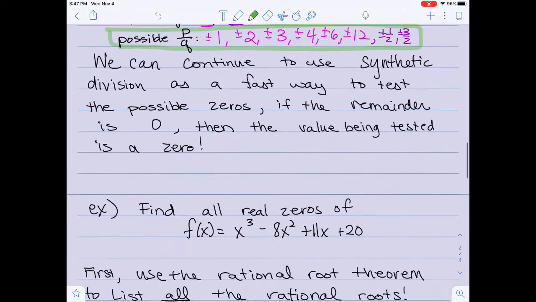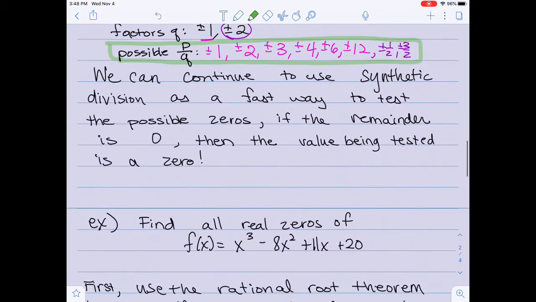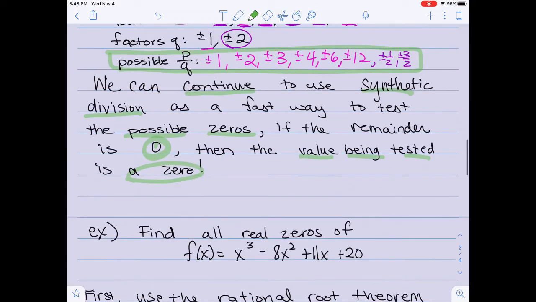Okay, so now once we've got our list, we can continue to use synthetic division like we've been learning as a fast and easy way to test the possible zeros. Remember, we're going to test these possible zeros to find real zeros. If the remainder is 0, then the value being tested is a zero. So we're going to choose all of these values, or some of these values, from our possible list to find our zeros.